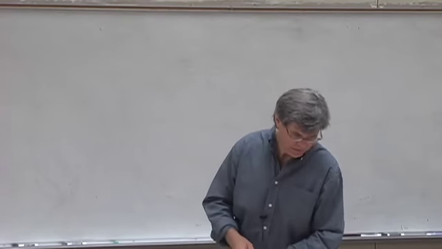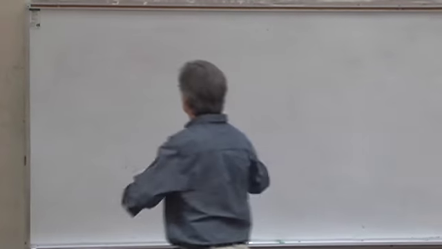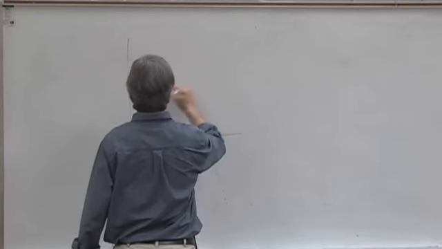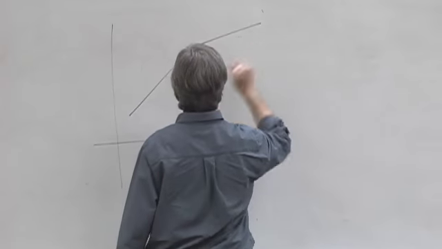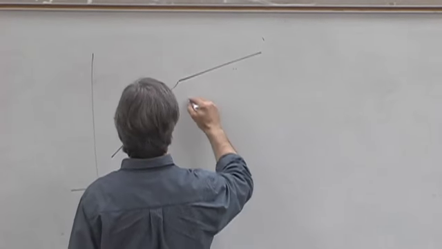So let's look a little bit at what the spline model is for this case of fitting a straight line, a couple of straight lines. This is the reduced model.